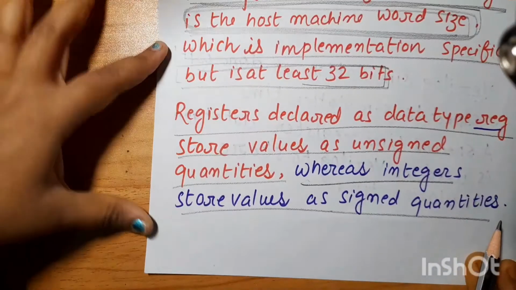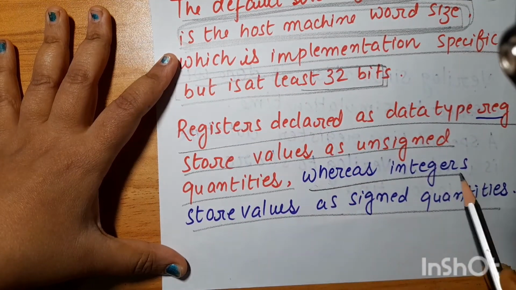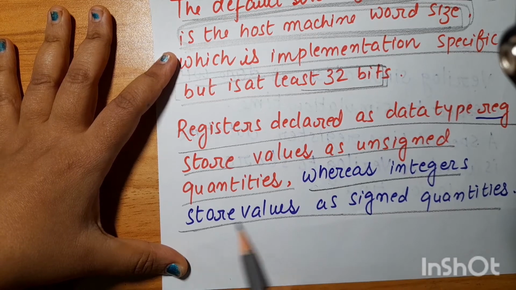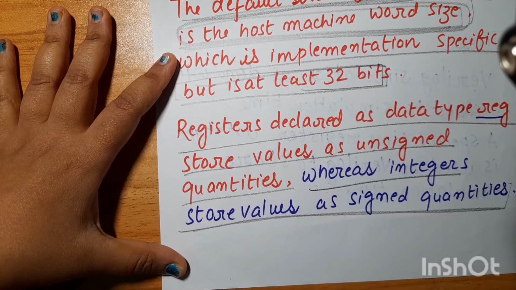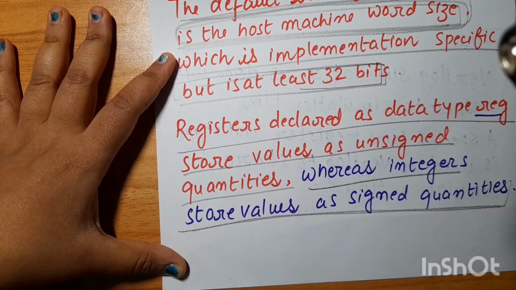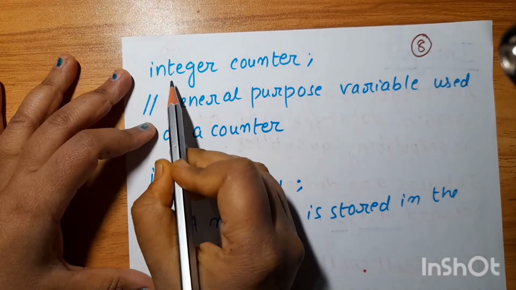This is specific to integers. Here by default they store signed quantities, both positive and negative values, but the register by default is unsigned. When we use the keyword signed, then only it becomes signed, meaning plus and minus both values it holds.